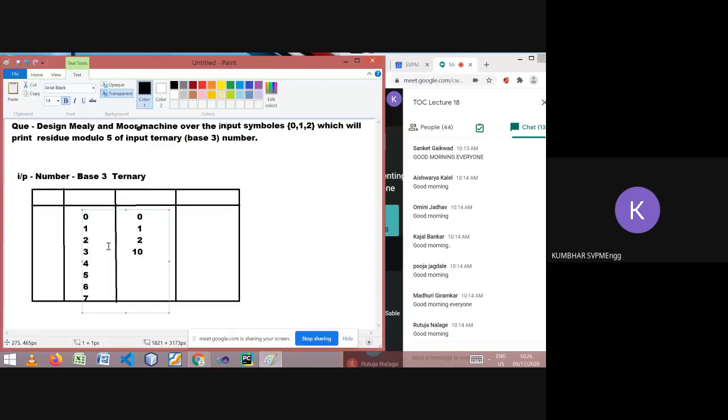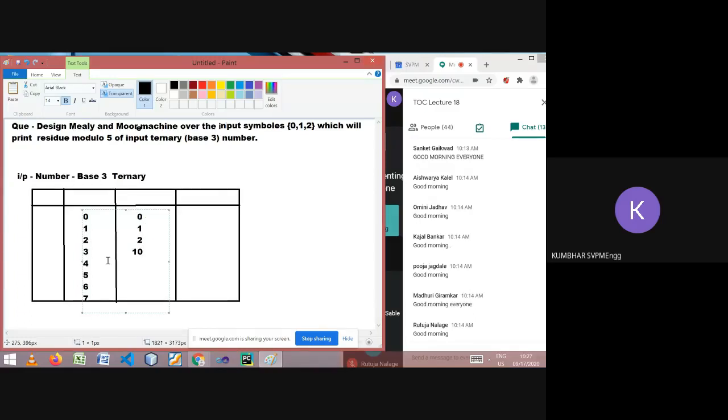If you recall how we represent binary numbers 0, 1, 1 0, 1 1, then 1 0 0, 1 1 0, like that we are going to trace the ternary numbers now. So 0 is 0, 1 is 1, 2 is 2, 3 is 1 0. Let's try for 4.